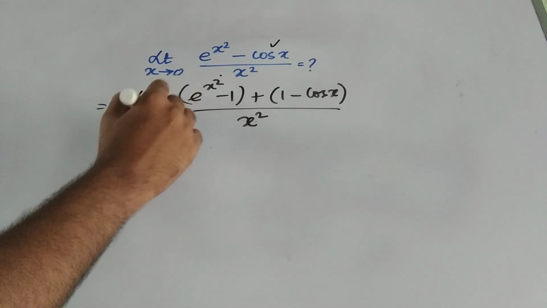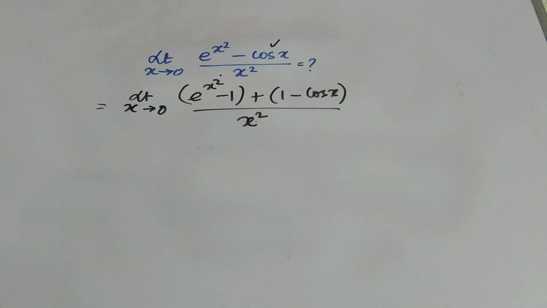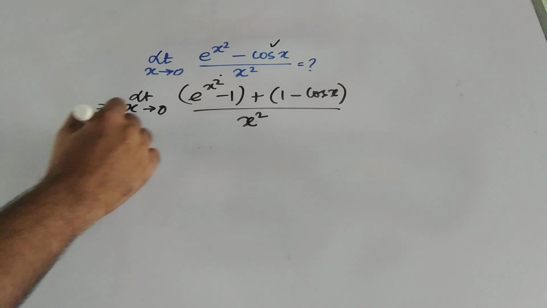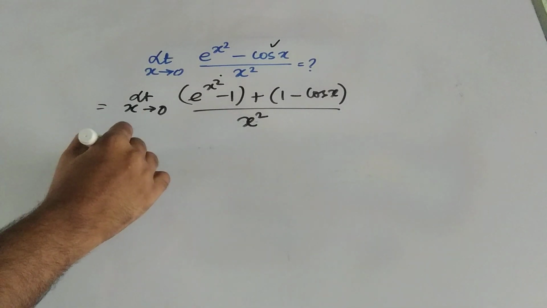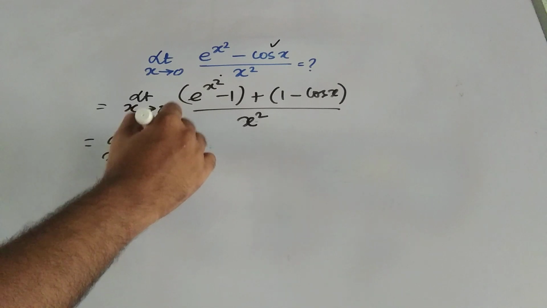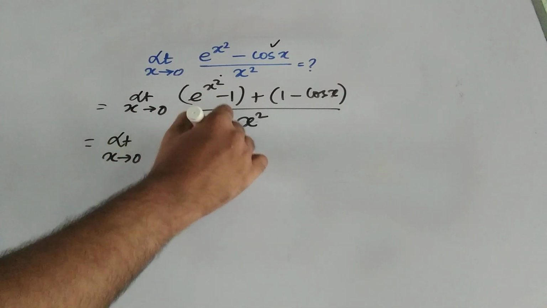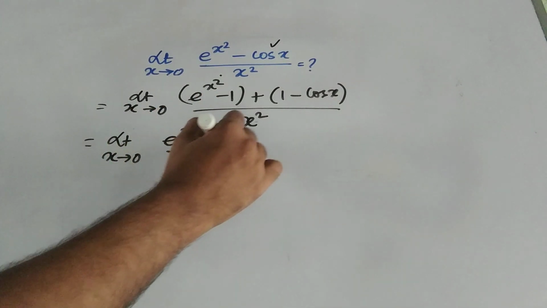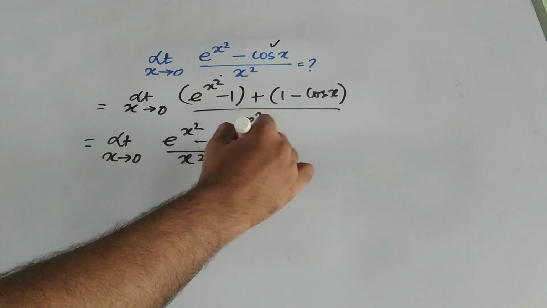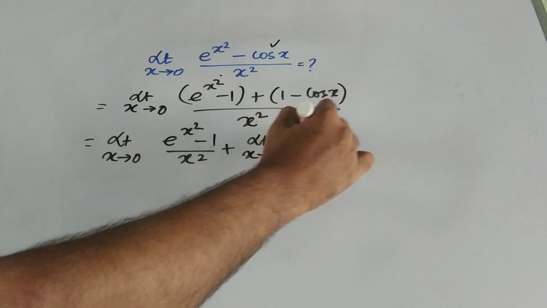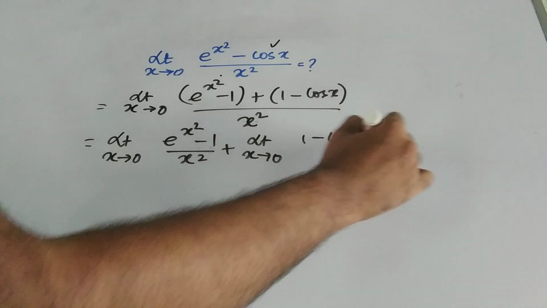You know that if such a limit expression is the sum of two functions, I can separate it into two limit expressions. That means I can write it as limit x tends to 0 e to the power x square minus 1 divided by x square plus limit x tends to 0 1 minus cos x divided by x square.